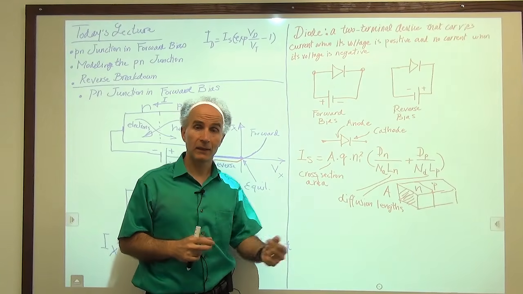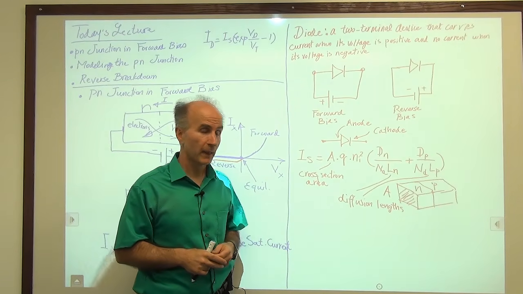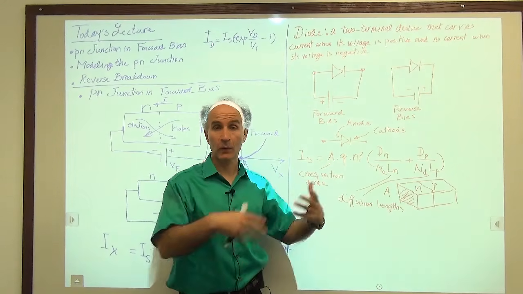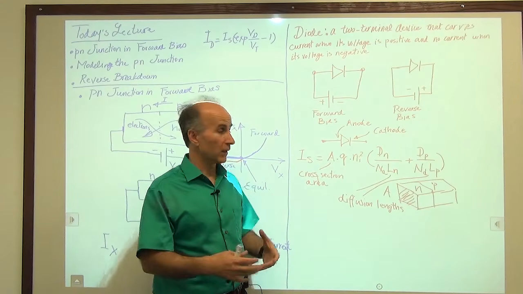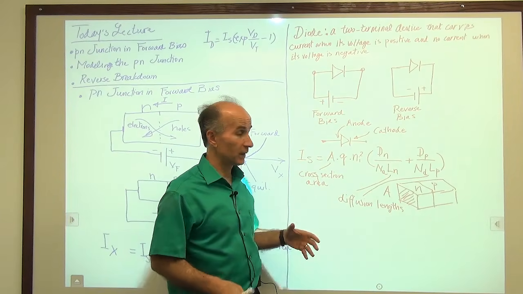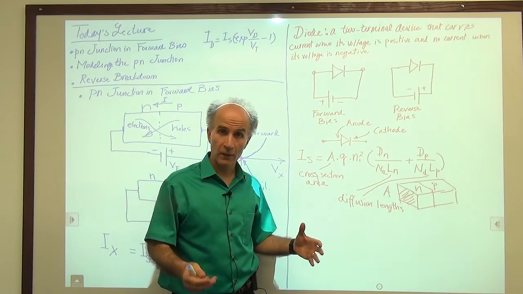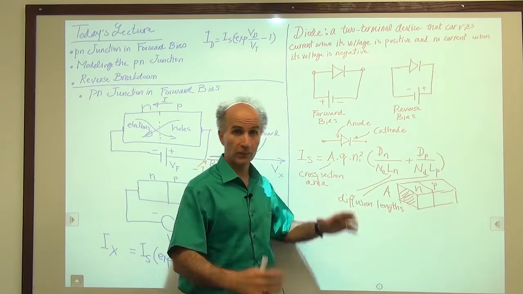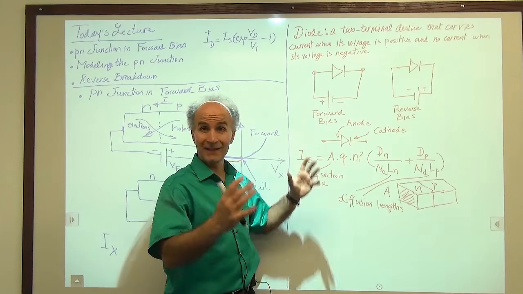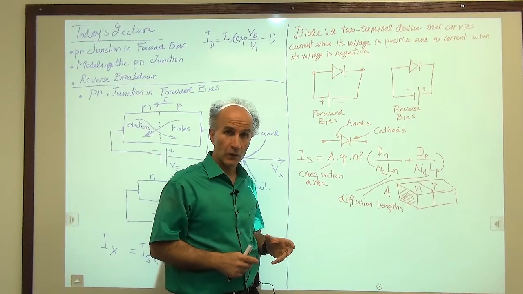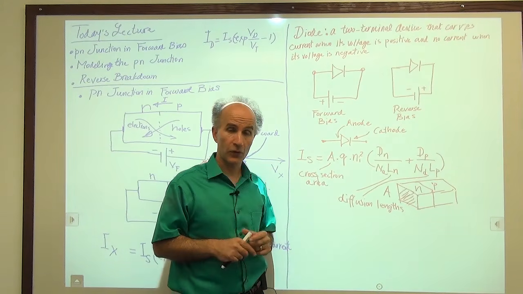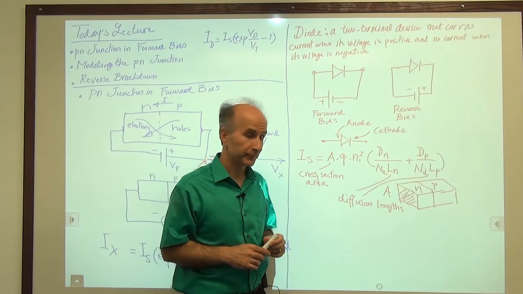That's inside integrated circuits. Whereas you could have diodes that are very large. For example, in power electronics, in cases where we need to carry very large currents, for example, hundreds of amperes, then this area has to be extremely large. It has to be maybe centimeters by centimeters. So that's why we need to remember that IS is proportional to the cross-section area.